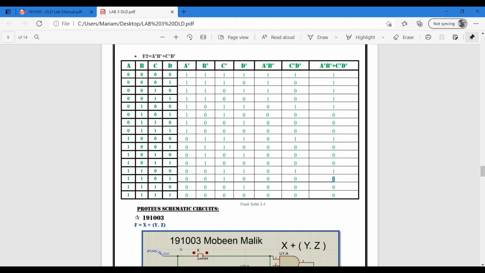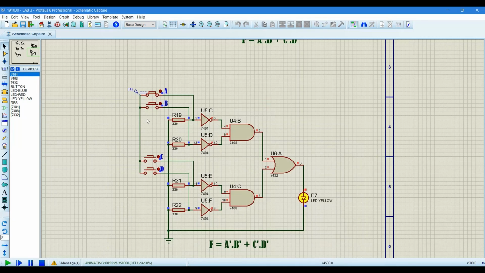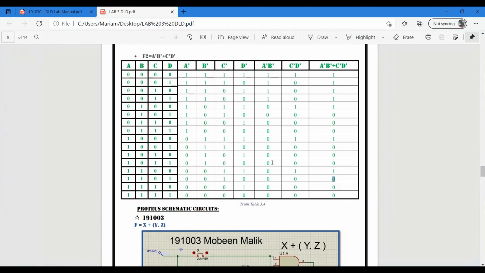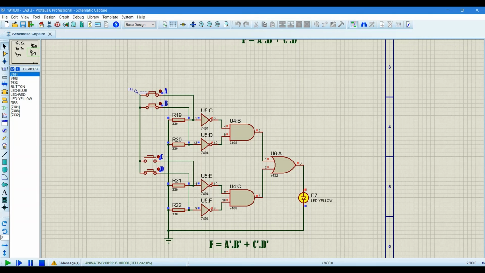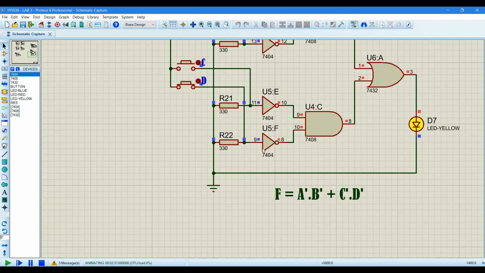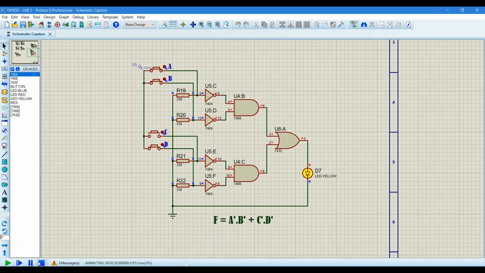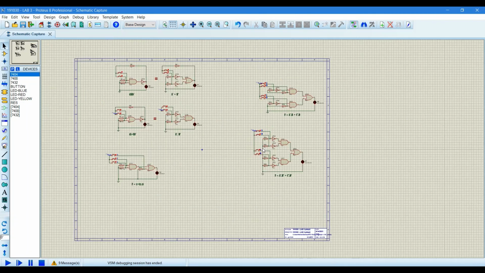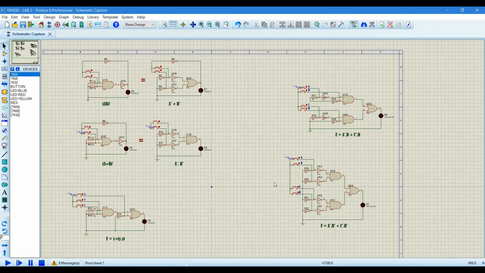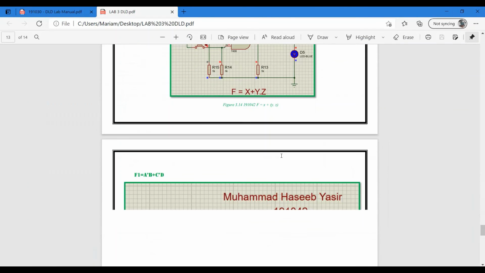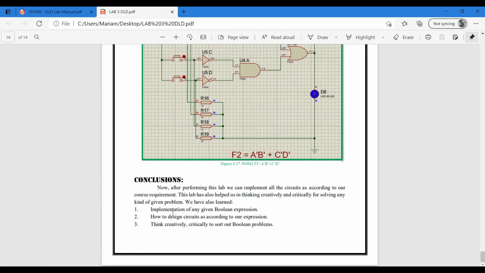So this is today's Boolean functions and logic gates. Basically, today we got to know some basics of these implementations of Boolean functions and how to design an expression.